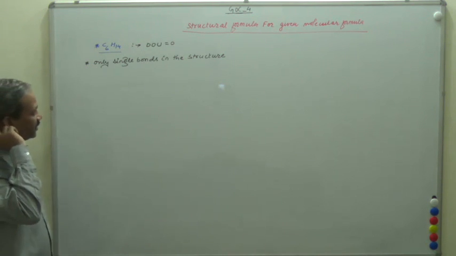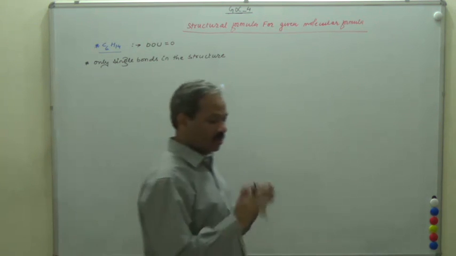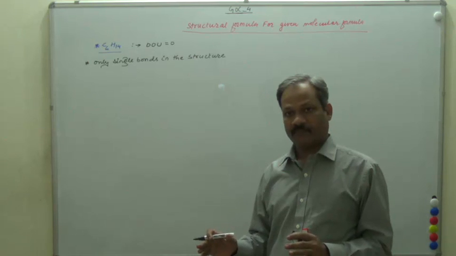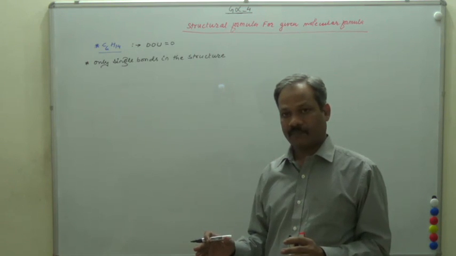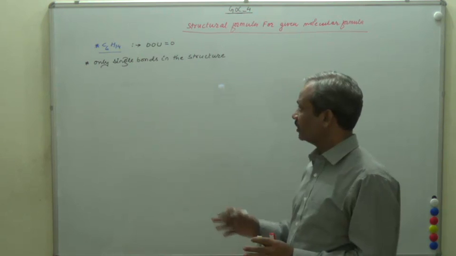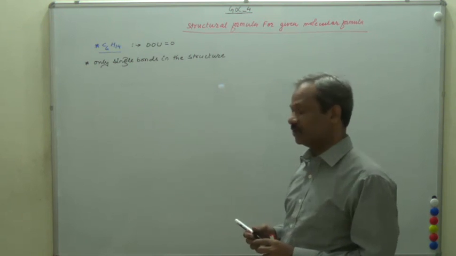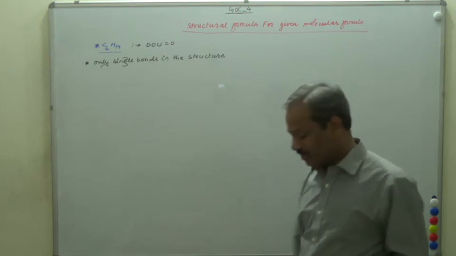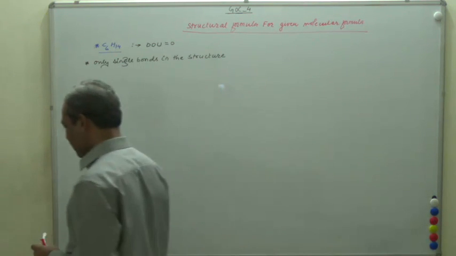Only single bonds in this structure, no multiple bonds, no rings. How did we come to know? Because the degree of unsaturation in this compound is 0 degree, and 0 degree unsaturation means only single bonds, no multiple bonds and no rings.